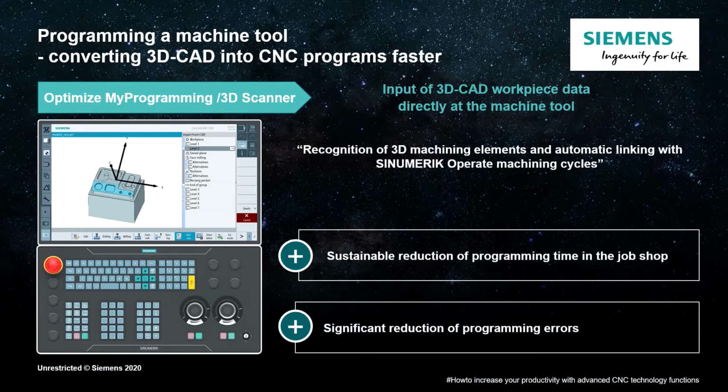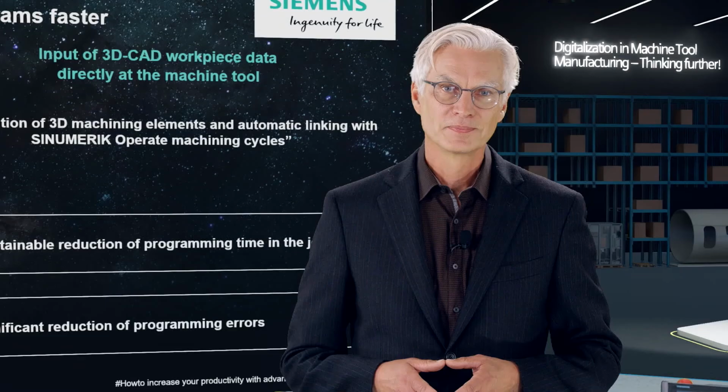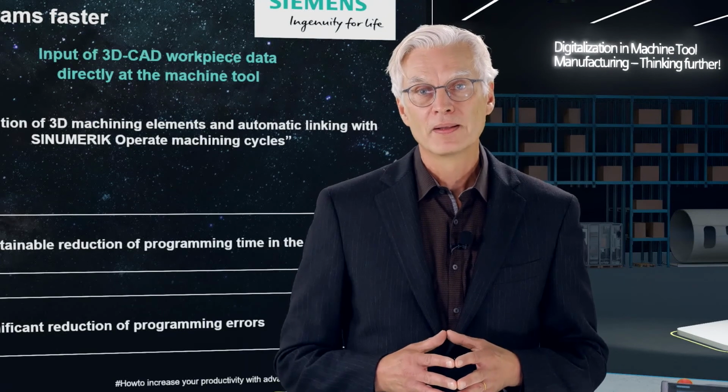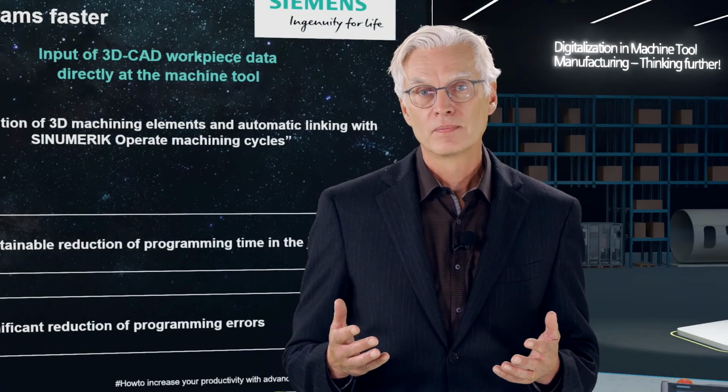The machine operator only has to manually add the tool data, the cutting data, and of course process-specific instructions. This massive system support not only reduces the programming time, but also the programming errors in the long term. We are proud to redefine shop floor programming with this solution.